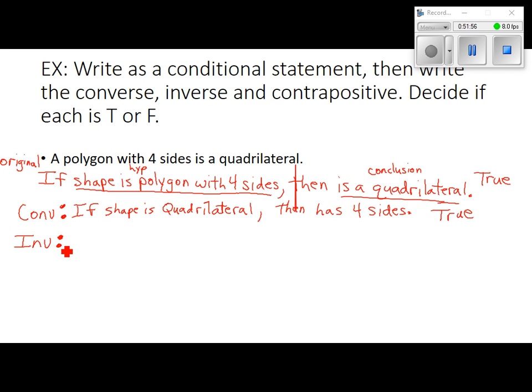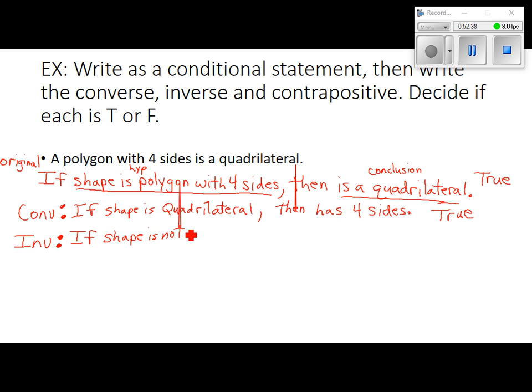Next one, what are we gonna write next? The inverse. Looking back, what's the inverse do? Makes it not. So it goes back to the original statement and makes it not in both parts, right? It does the opposite in both parts. So what's it gonna say? If a shape is not a polygon with four sides, it's not a quadrilateral. Right? So if shape is not what?